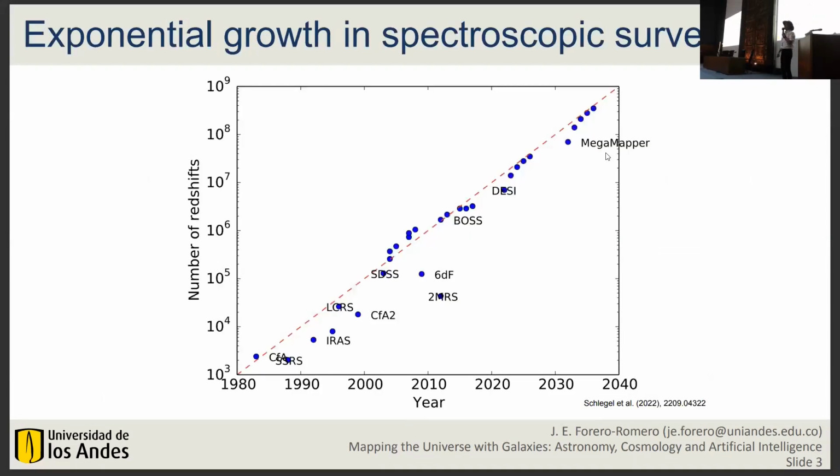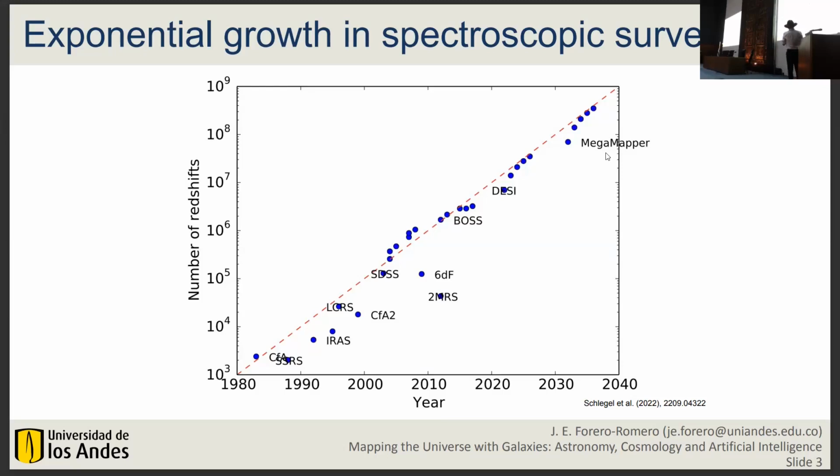DESI stands for the Dark Energy Spectroscopic Instrument, and DESI is the latest stage of a progression of 40 years in large spectroscopic surveys. So let's start here. 1980, the CFA survey gathered around a few thousand galaxy redshifts.